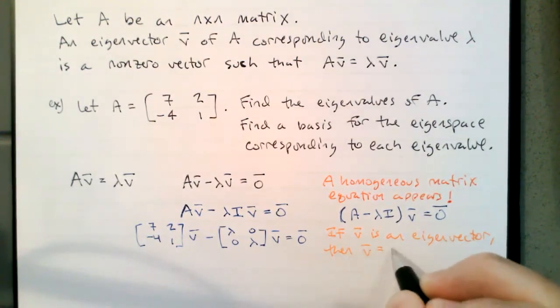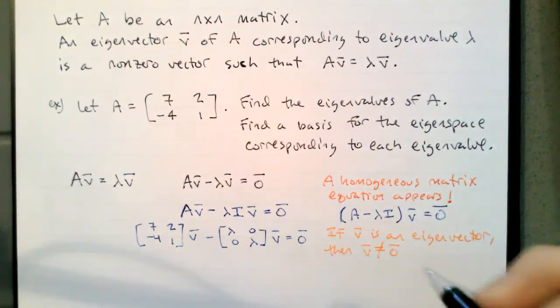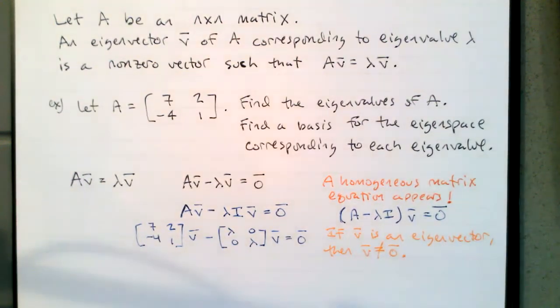So if V is an eigenvector, the equation A minus lambda I times V equals 0 is a homogeneous equation with a non-trivial solution.